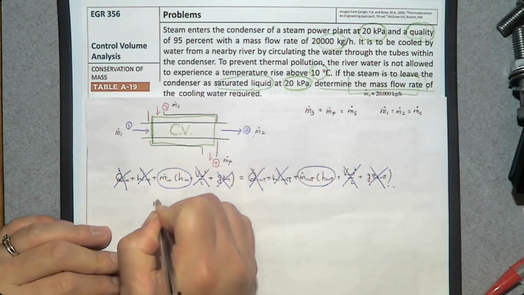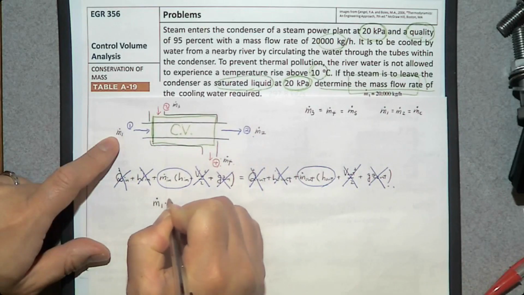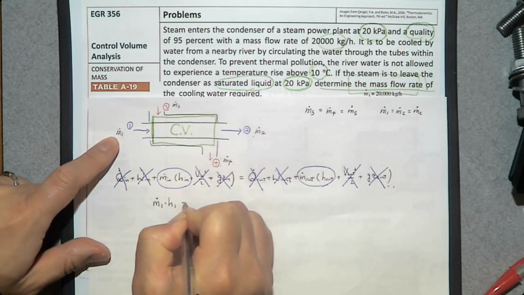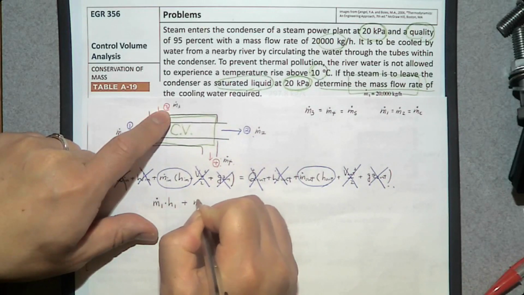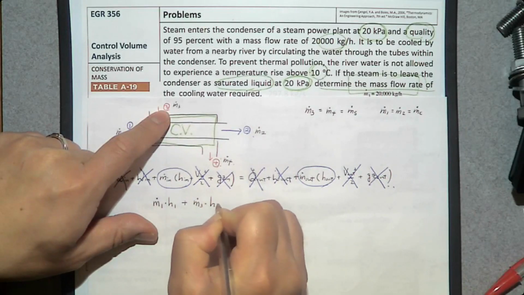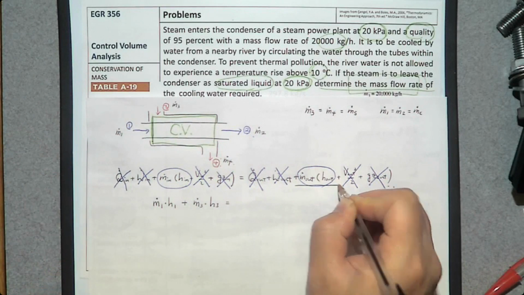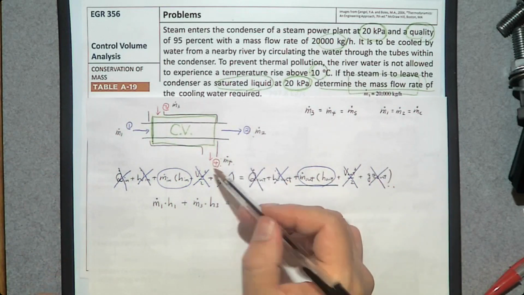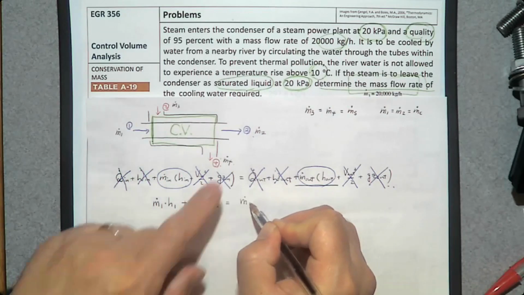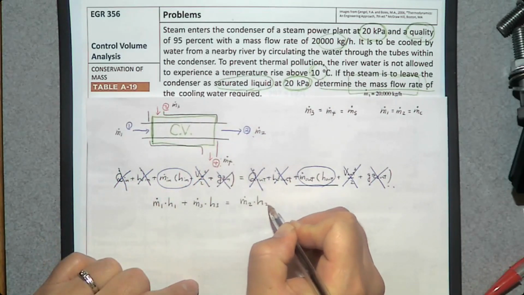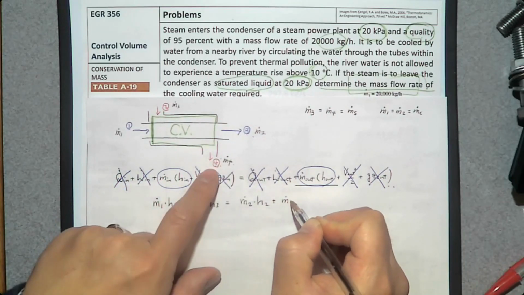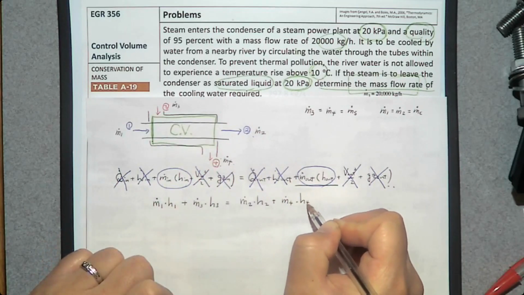So m dot of number 1 times h of number 1 plus m dot number 3 times h3. And the rate of enthalpy at the exit. How many exits? 2. 2 and 4. So m dot 2 times h2 plus m dot 4 times h4.